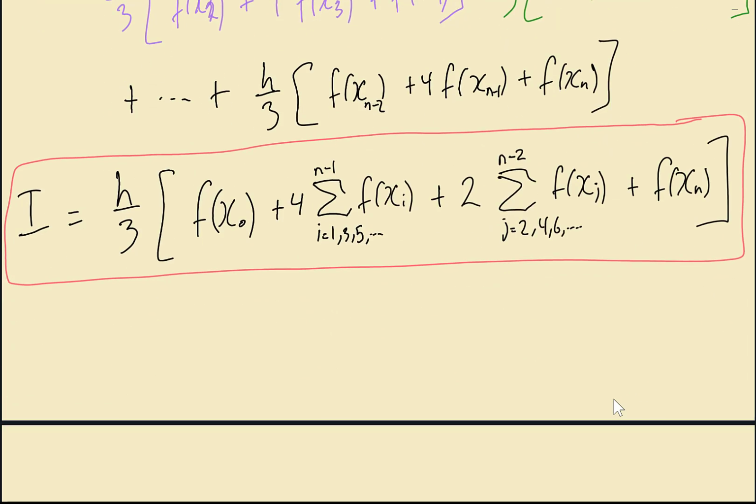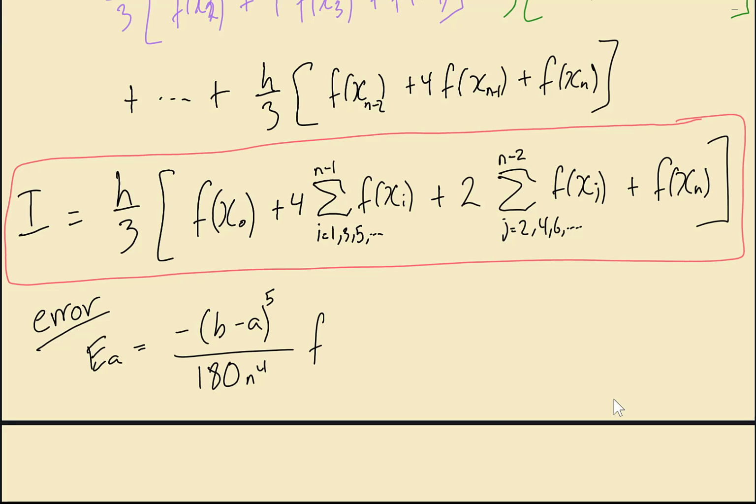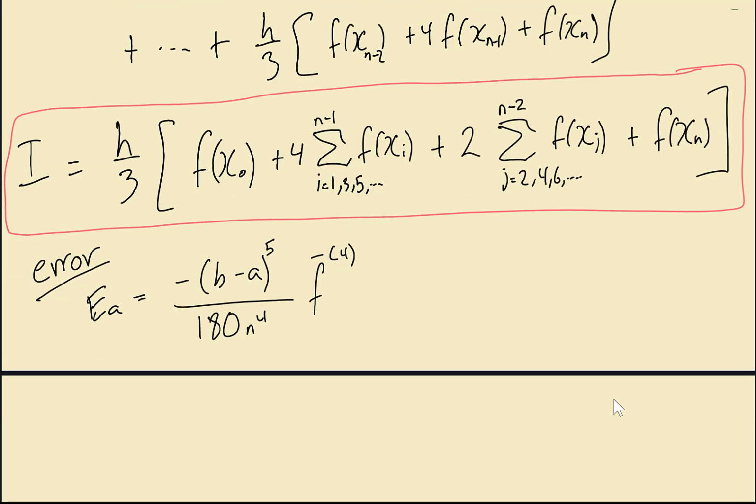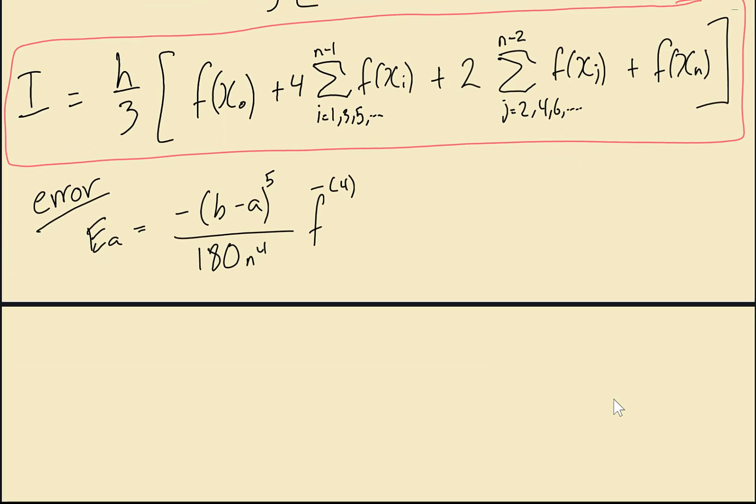And the error in this case, E_A, the approximated error, is b minus a to the 5 divided by 180 n to the 4 times f average fourth derivative. The average fourth derivative we covered last class.